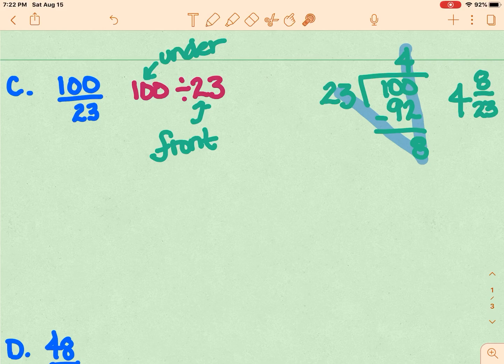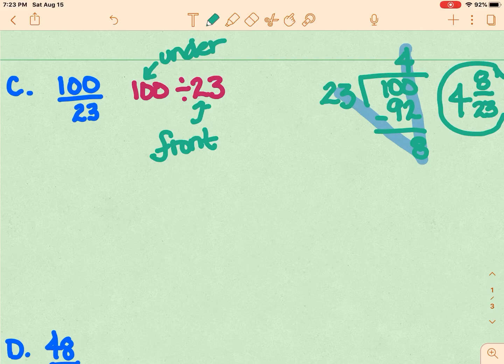Now, remember, we want to check the fraction, see if there's anything that can reduce. Now, 23 is one of those numbers. It's a prime value. So that means the only thing that goes into 23 is 1 and itself. So there's not going to be any factors that these two will have in common. So that's going to be your final answer.